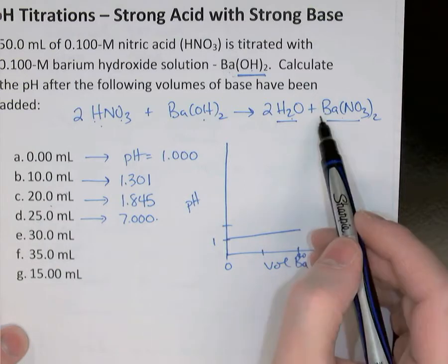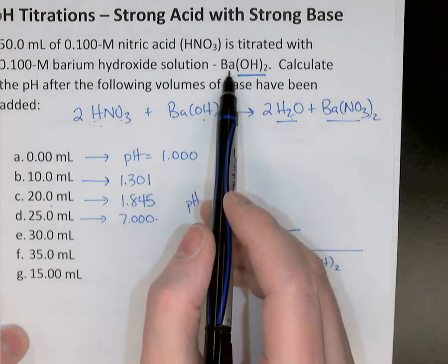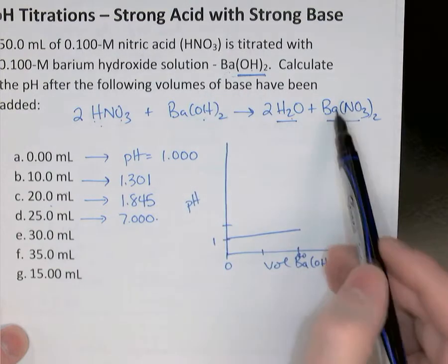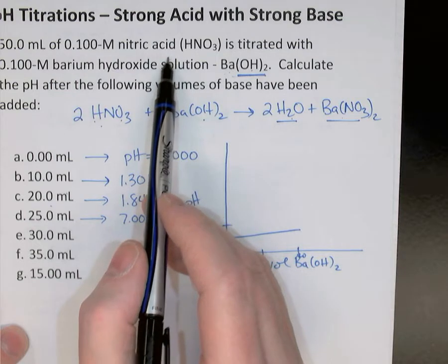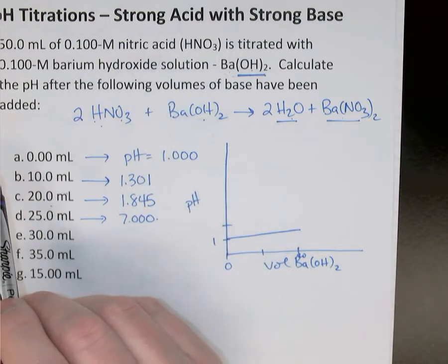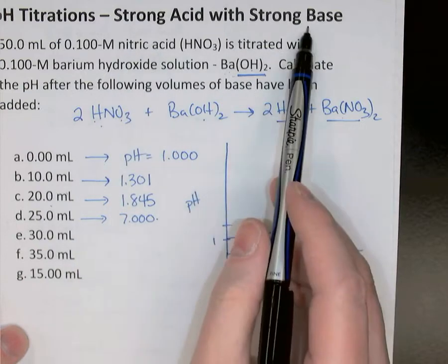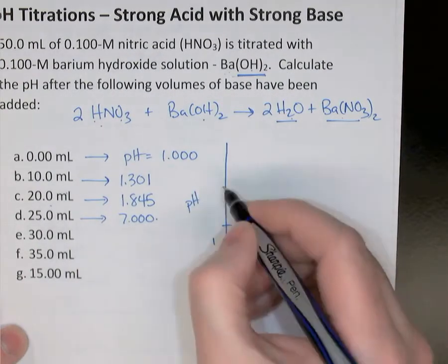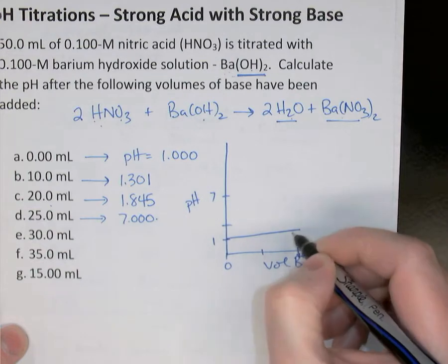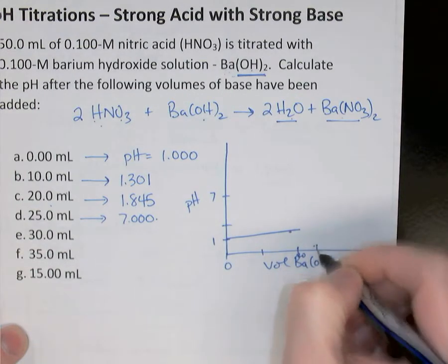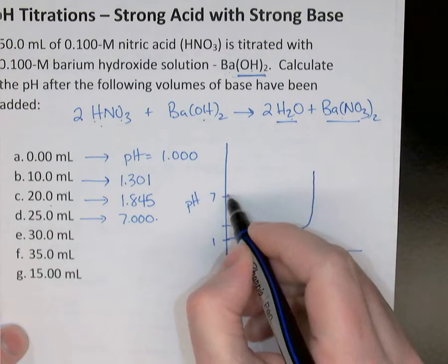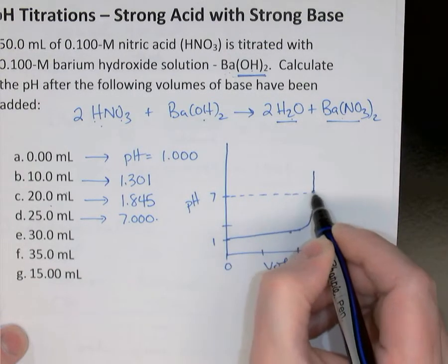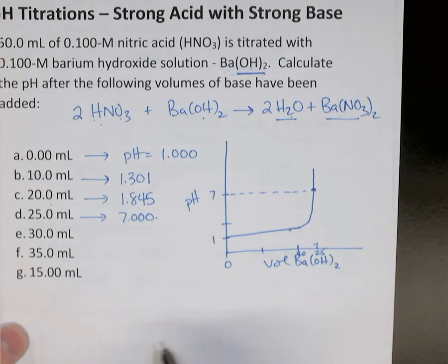Okay, the cation will come from the strong base. That will not affect pH. And the anion will come from the strong acid, and therefore it will always be too weak of a conjugate base to affect pH. So for strong acid, strong base titrations, we always get an equivalence point pH of 7. And we always see this dramatic jump in pH like this. So the equivalence point pH is always going to be 7 for a strong acid, strong base titration.